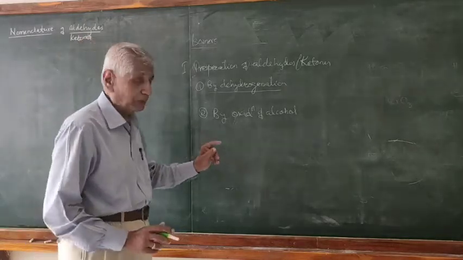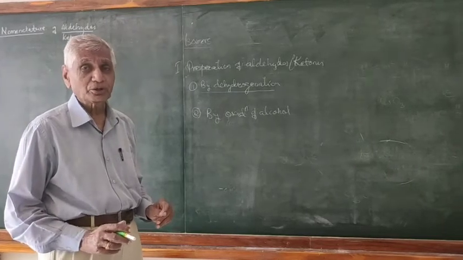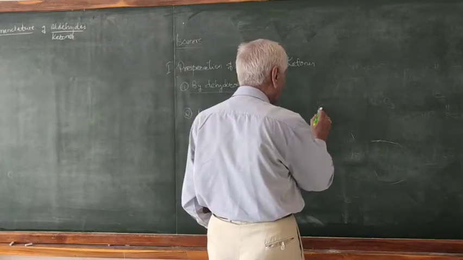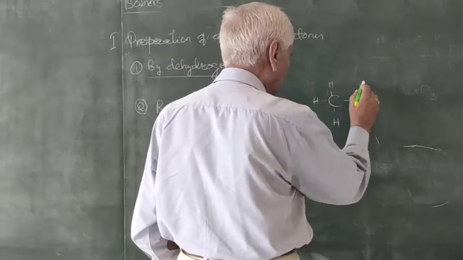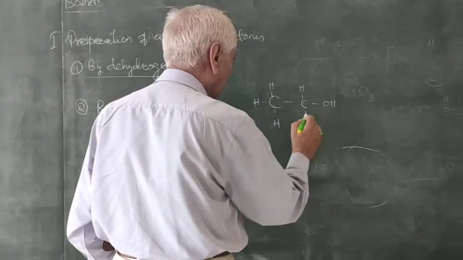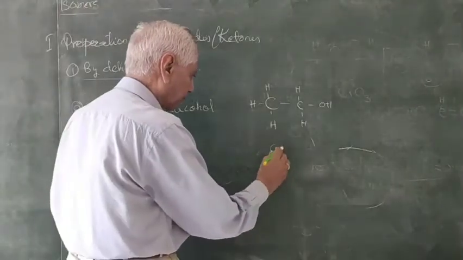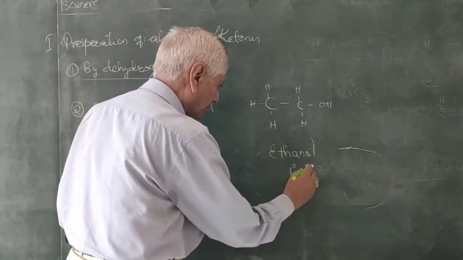If you make use of powerful oxidizing agents like potassium permanganate and potassium dichromate with sulfuric acid, the reaction takes place to give you not aldehyde but acid. Say for example, if you take primary alcohol, ethanol, primary alcohol.